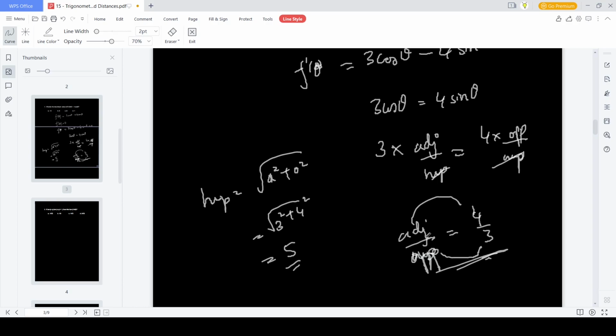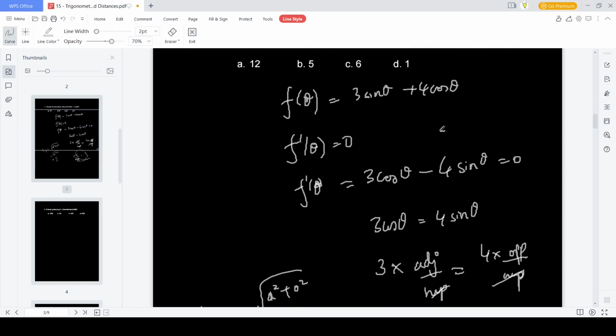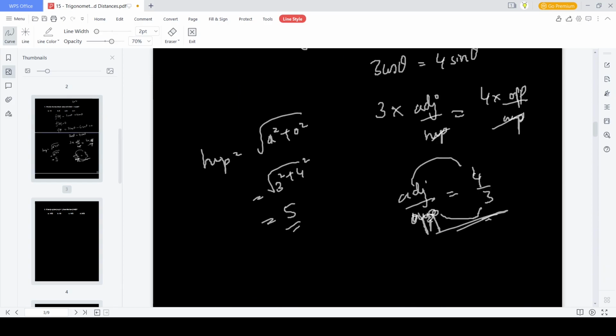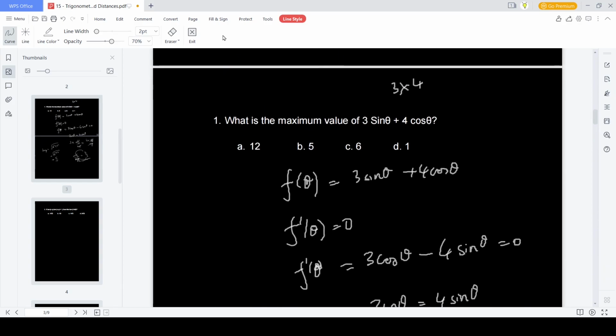So if this is 5, adjacent is 4, opposite is 3, then 3 into opposite, which is 3, sorry, so this is 3 into 3 by 5, because hypotenuse is 5, plus 4 into adjacent is 4 divided by hypotenuse 5, which comes as 9 plus 16, 25, 25 by 5, which is 5. So 5 is the maximum value of this function.